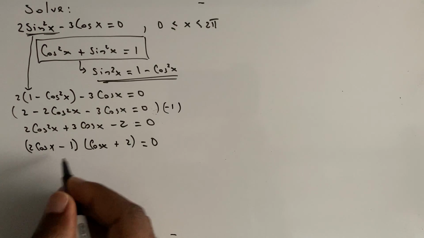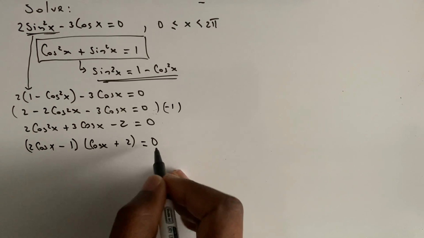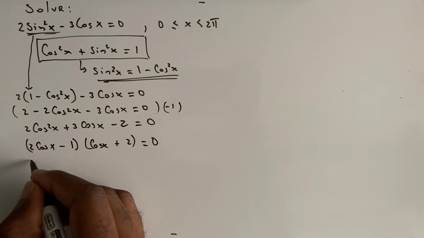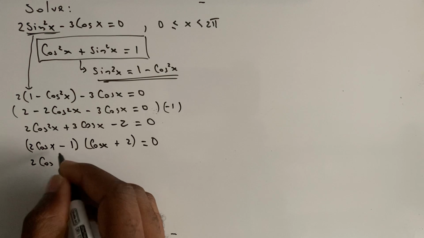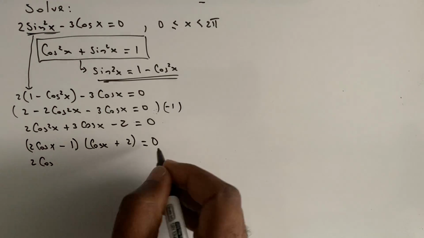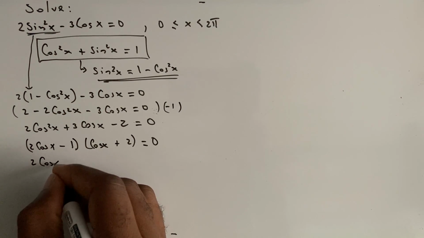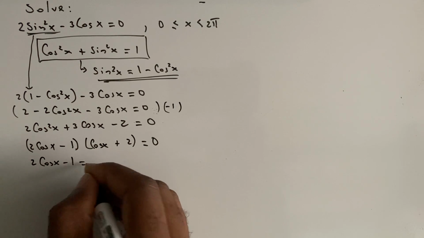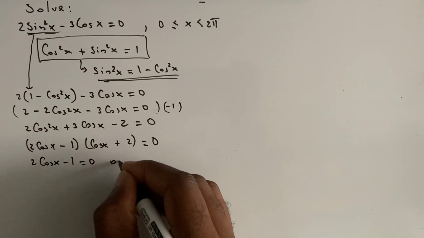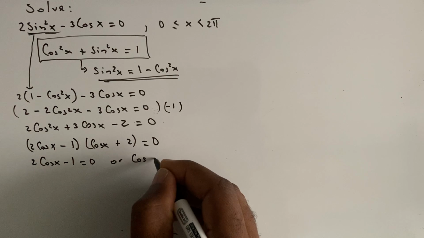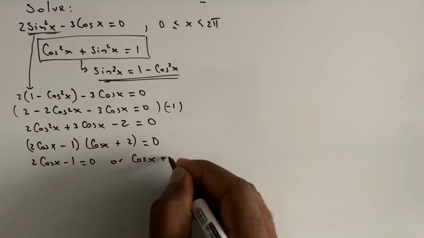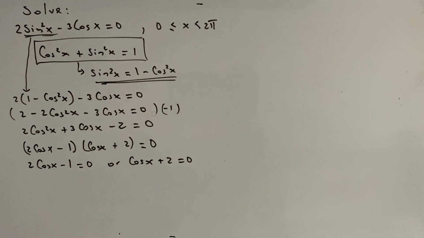Now, a product of 2 factors equals 0, so one has to be 0. 2 cosine x minus 1 equals 0, or cosine x plus 2 equals 0. So we have 2 equations here.